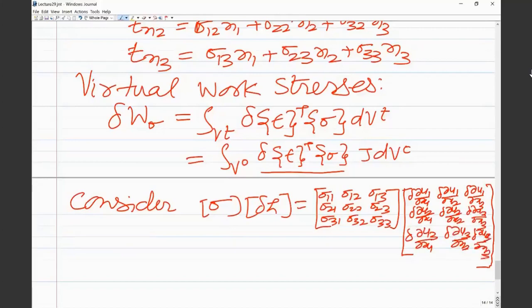So if you look at this multiplication and take the trace of this, that is multiply and then take the sum of the diagonal elements, you will get exactly this quantity.